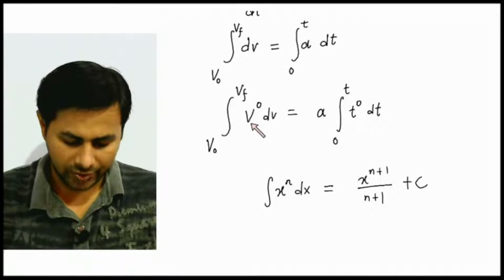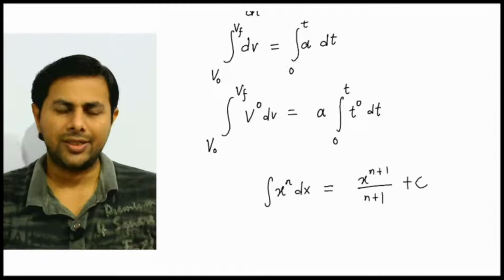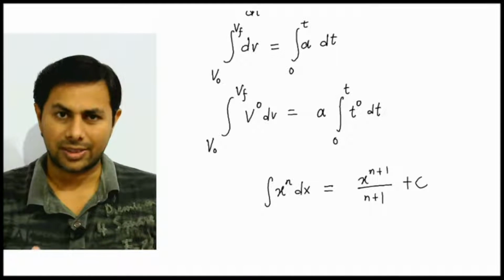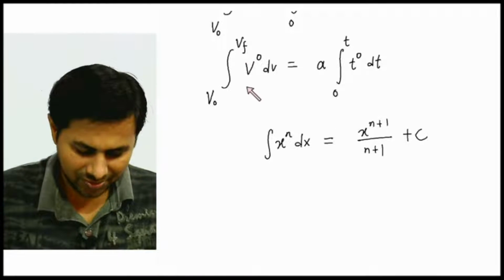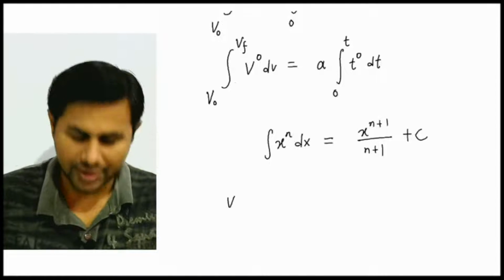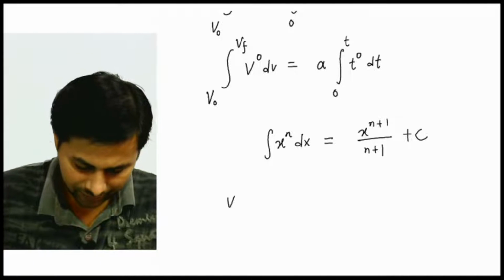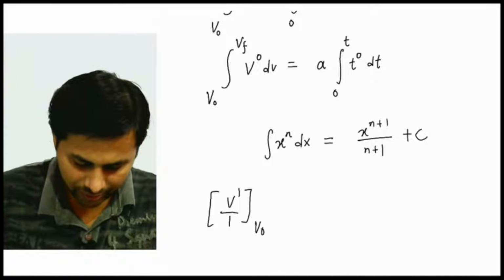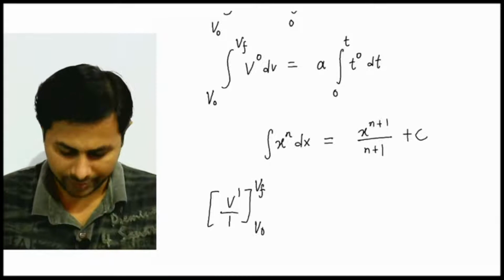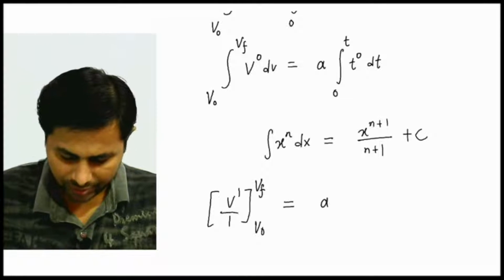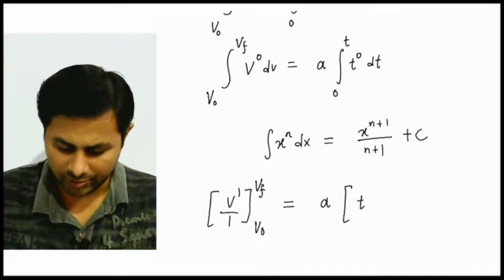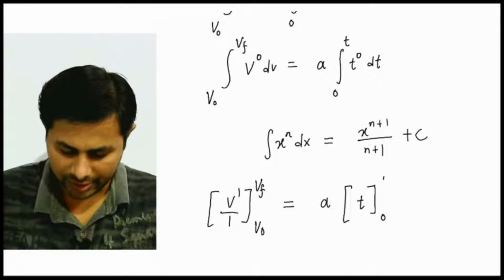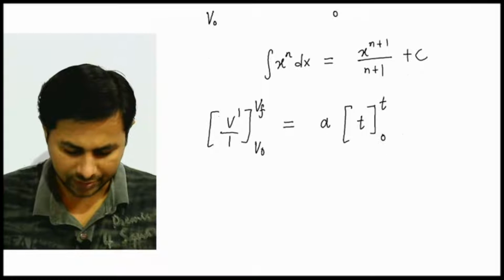Okay, so here we have v raised to 0 dv, so integral of that will be v raised to 0 plus 1 divided by 0 plus 1, that is v raised to 1 divided by 1, from initial limit v naught to final limit vf. Okay, and this will be equal to a times t raised to 0 plus 1 divided by 0 plus 1, or I can just say it is t, and lower limit is 0, the upper limit is t.